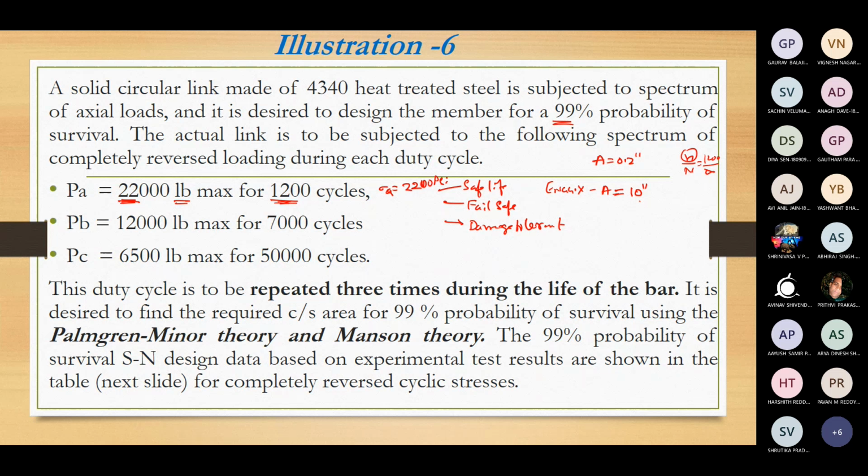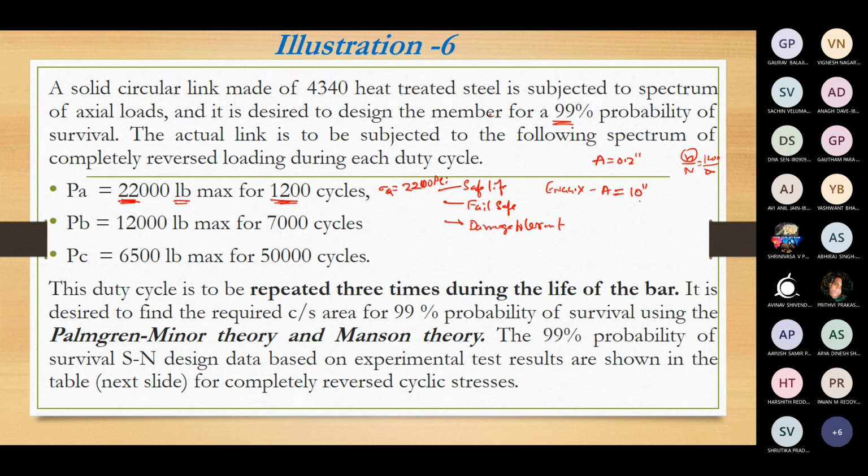Is it worth it? This you have to think about. Is it worth having a component of 10 inch just because it will not fail? How much cost are you going to incur for your product? Is it economical from an industrial perspective? It is not. It is a lot of material.